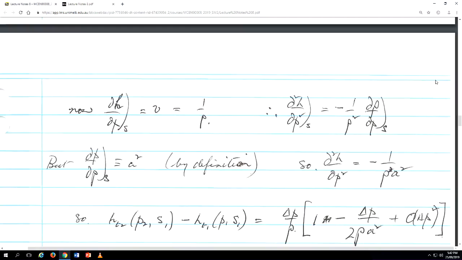But what is dP/d rho at fixed entropy? I'm going to do it later today, but does anybody know from any other course, anything you've ever done in your life, what is dP/d rho at fixed entropy? Nobody knows?